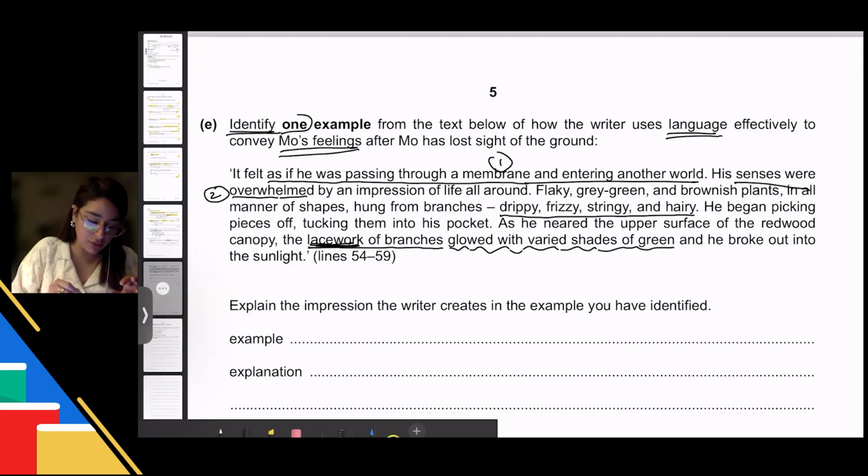Since we have been asked to identify only one, we pick out one of these examples and we explain in our own words how the author is basically trying to create an effect that he is not just feeling excited, he is feeling overwhelmed.